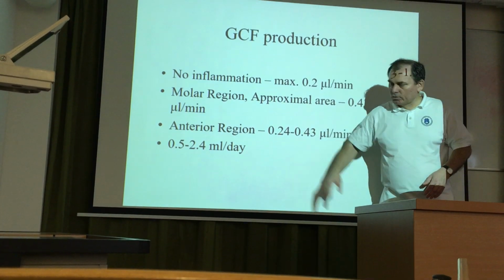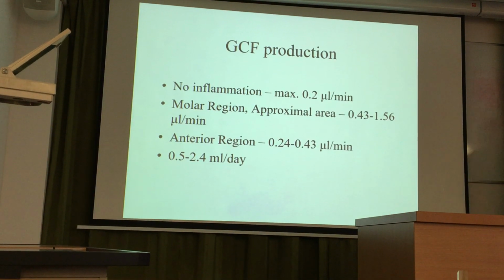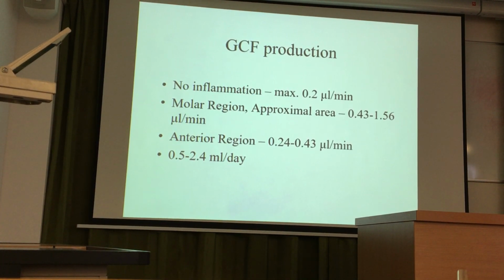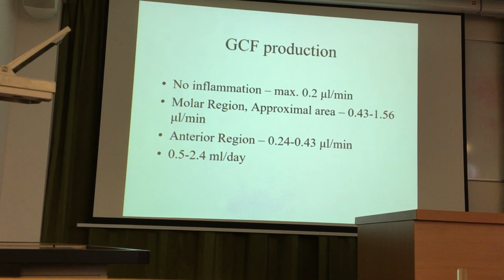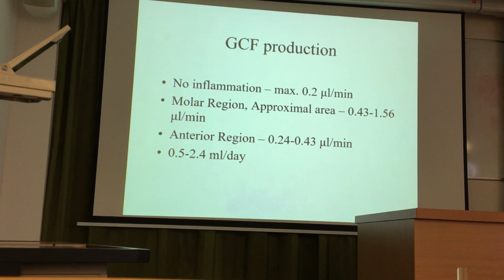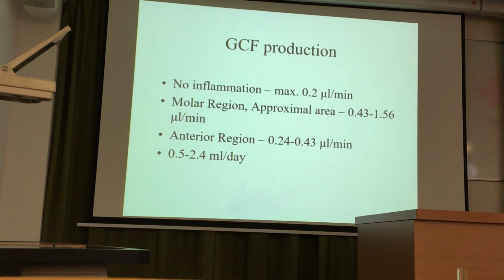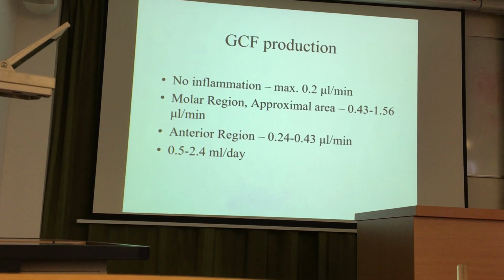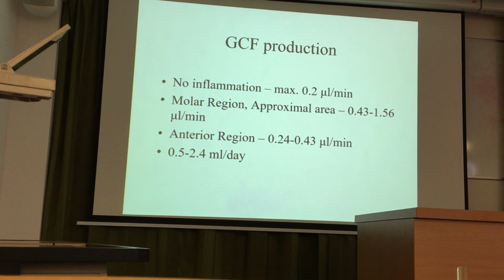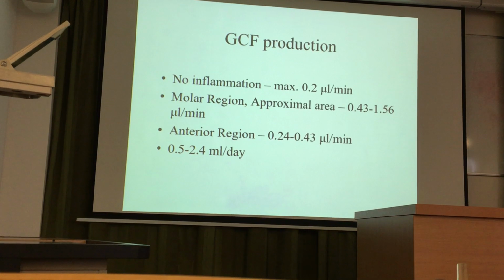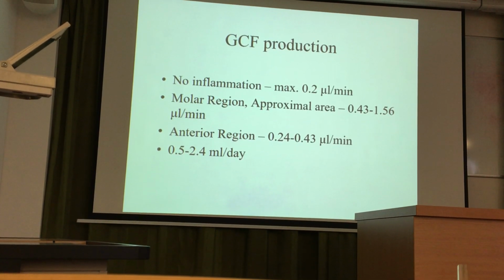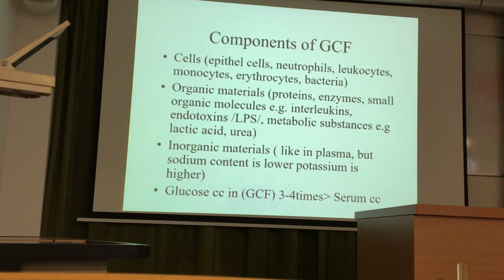In the anterior region, less is produced, but the production depends on the difference. Even vigorous or extensive brushing, any stress, or of course hormonal changes may change this production as well. And mainly inflammation, as I mentioned.